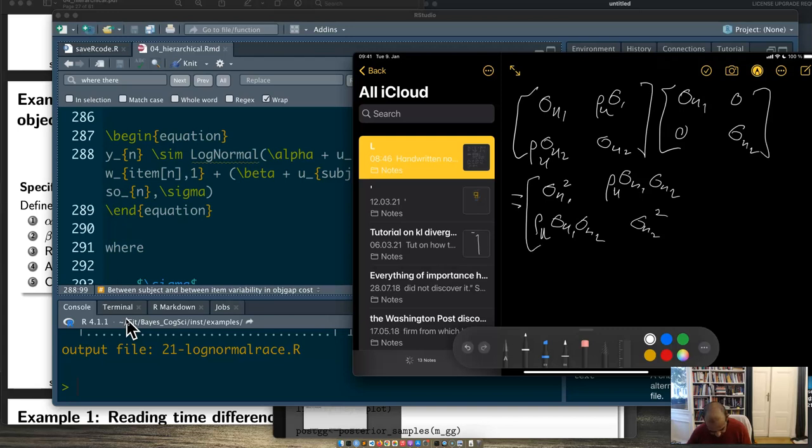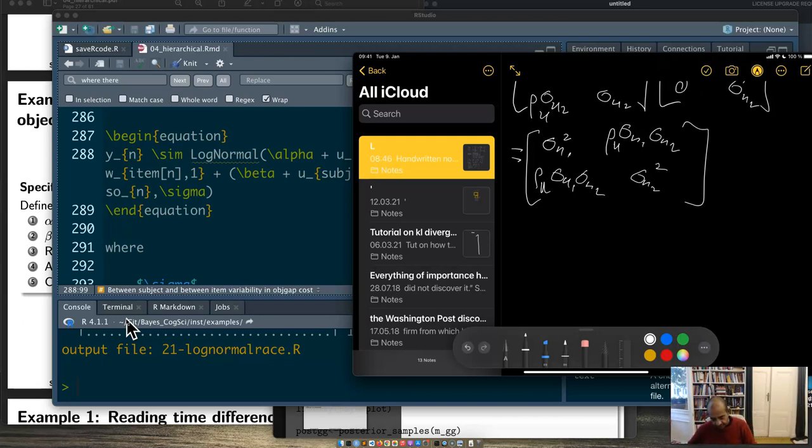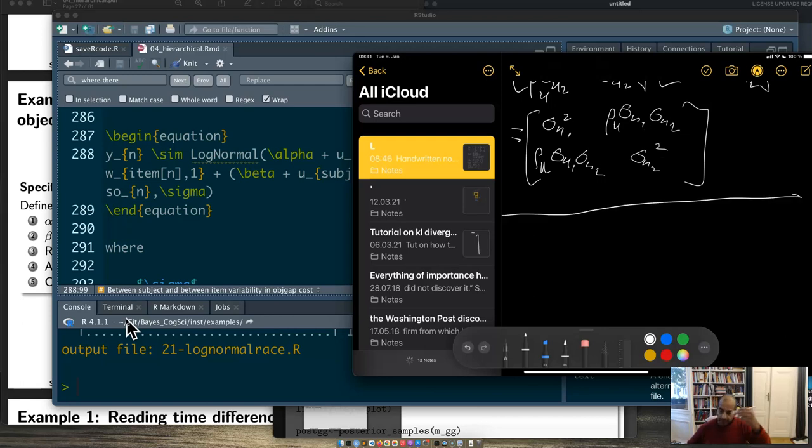You can check this yourself. So basically we decomposed the variance covariance matrix into the correlation matrix and the diagonal matrices, and by multiplying these out, we get back the variance covariance matrix.